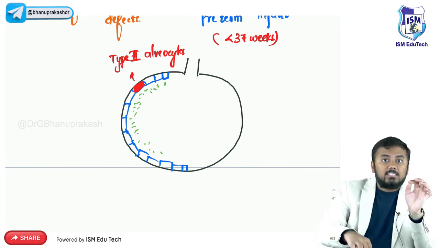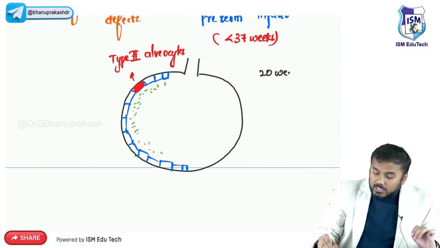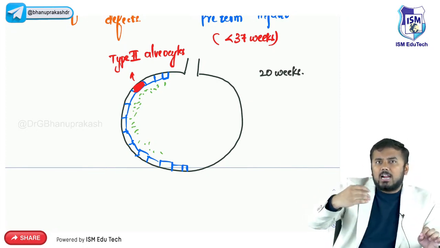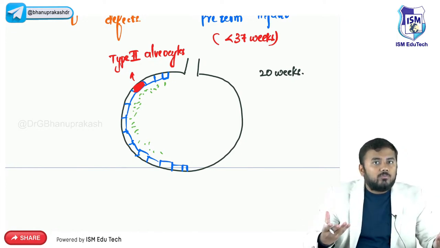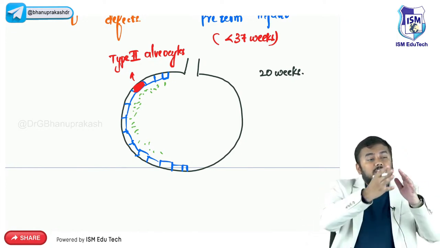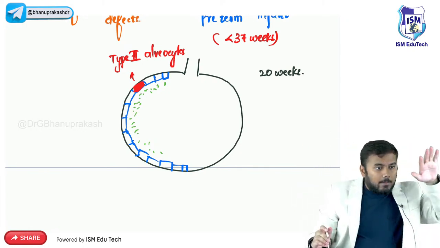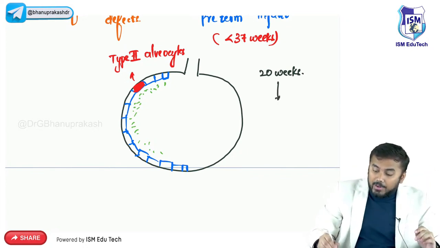And when is surfactant synthesized? Surfactant is synthesized at 20 weeks of gestation. At 20 weeks, type 2 alveocytes start releasing surfactant. But that is not enough. We should evenly spread the surfactant all along the surface of the alveoli. The complete spreading of surfactant all along the alveoli will happen by 35 weeks of gestation.